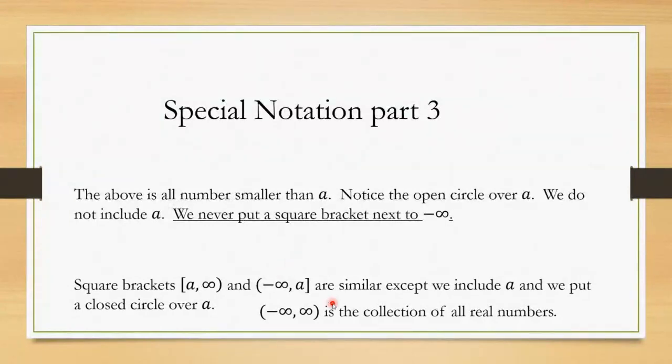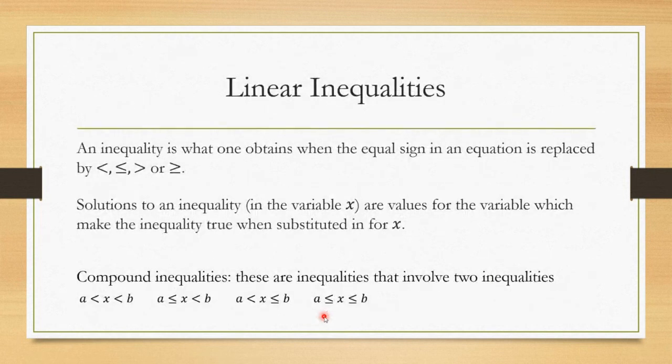What's nice about this new notation is we can represent the collection of all real numbers as an interval. That's what this is. All numbers here are all real numbers, that is, are in this interval. Are there any questions on this?